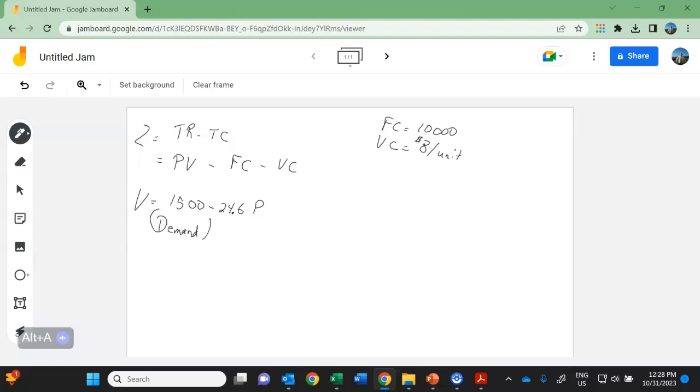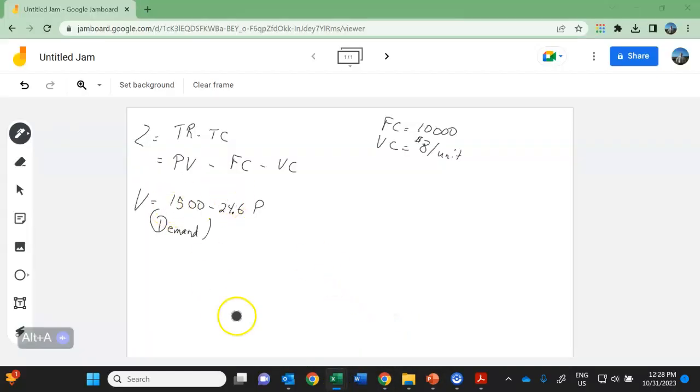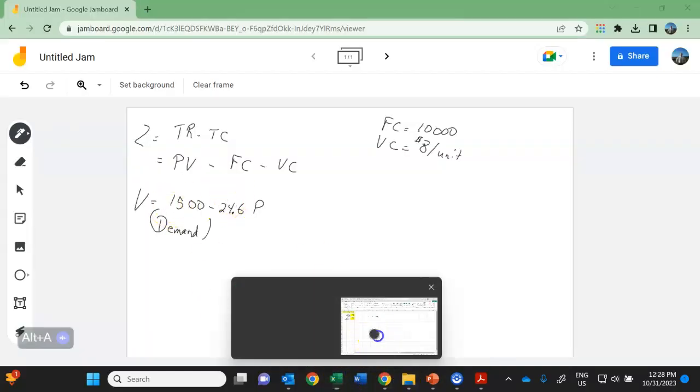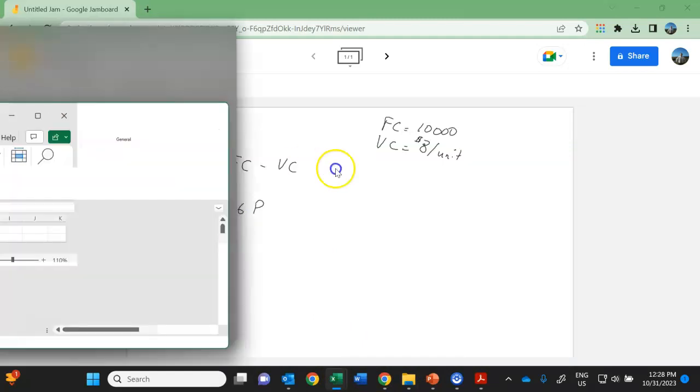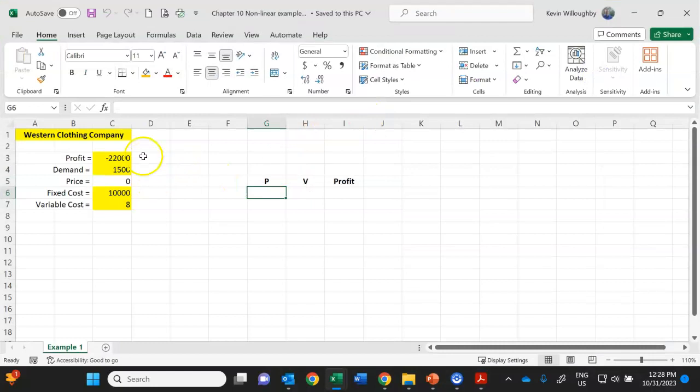I'm going to go into an Excel file here to showcase what we can do with this. Okay, here we are. Ignore everything I have on the left. Basically what I want to do is enter some possible prices.